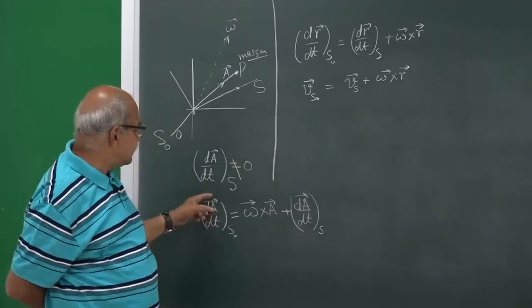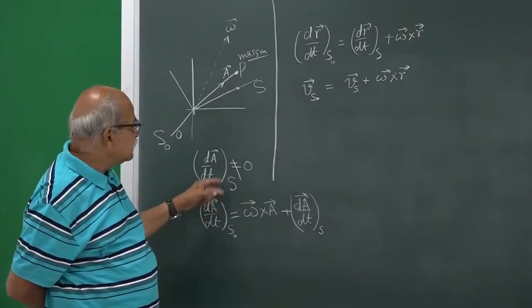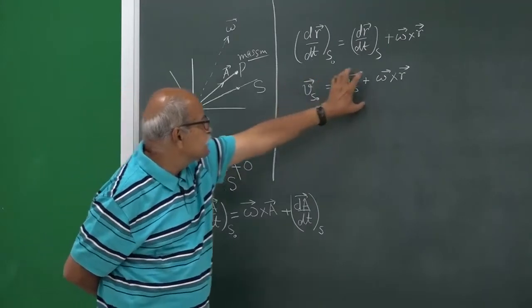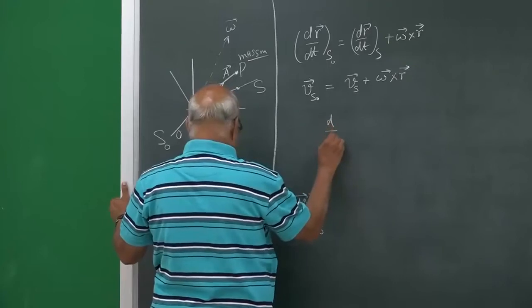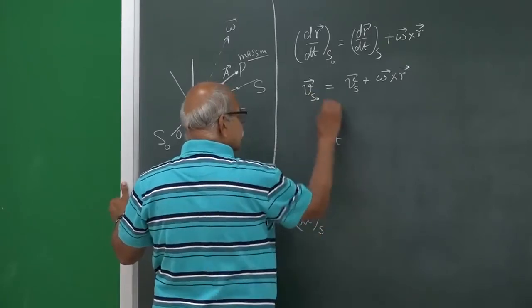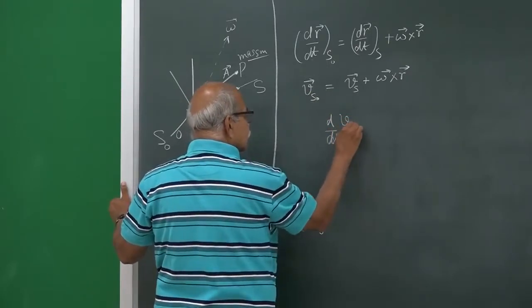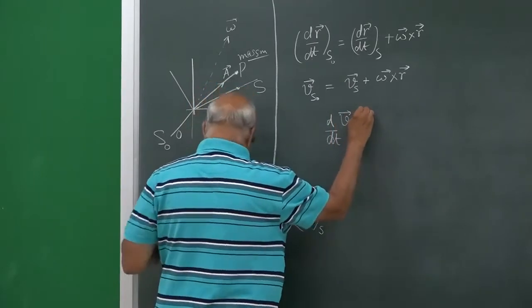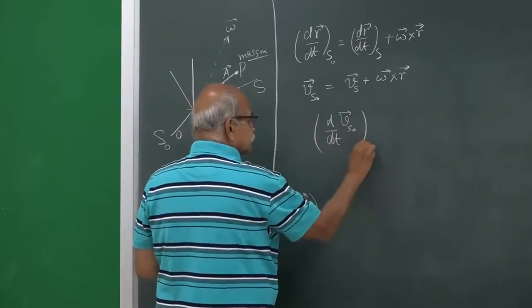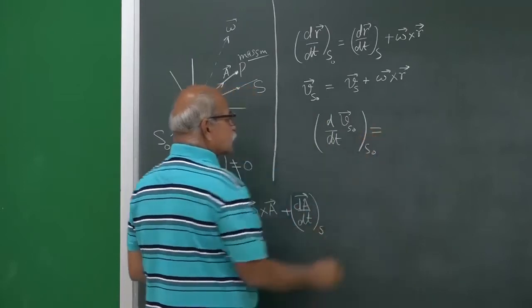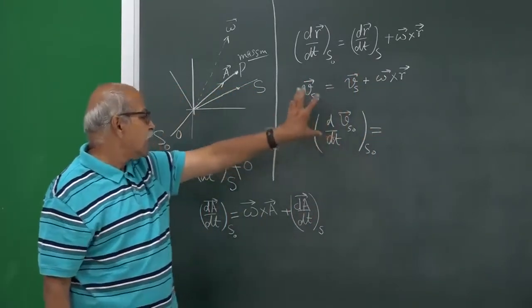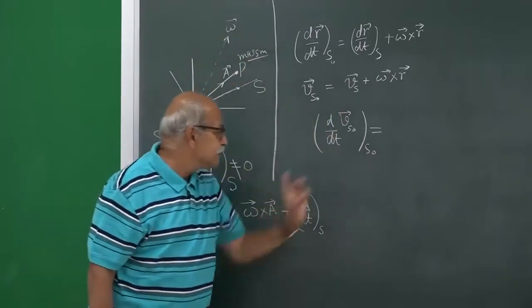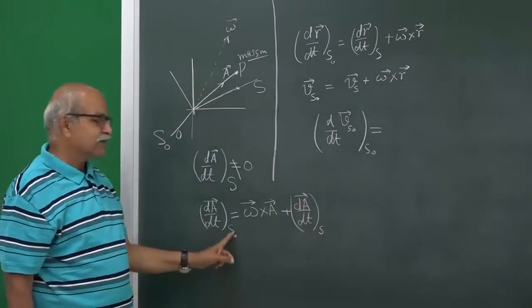That means, for this vector A, I will be using this thing. So, what will we get? d/dt of this V S naught in the S naught frame is equal to... this is the whole quantity, this V S naught. I want its d/dt in the S naught frame, in the inertial frame.